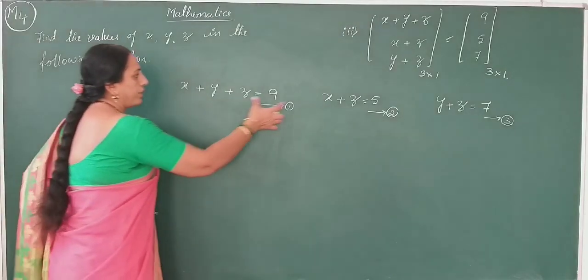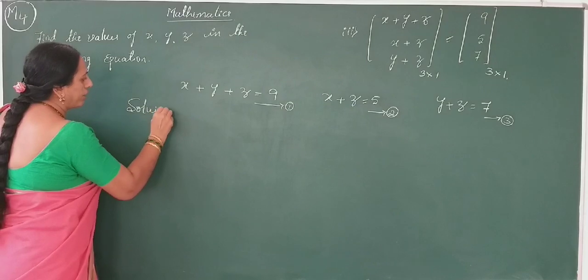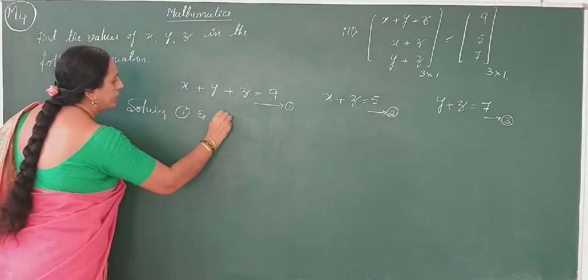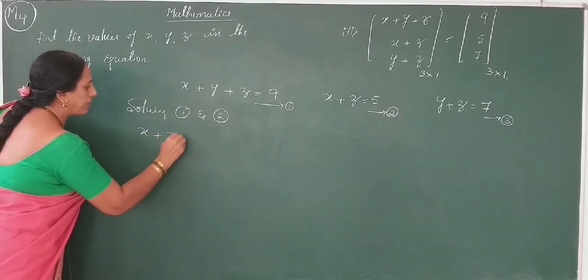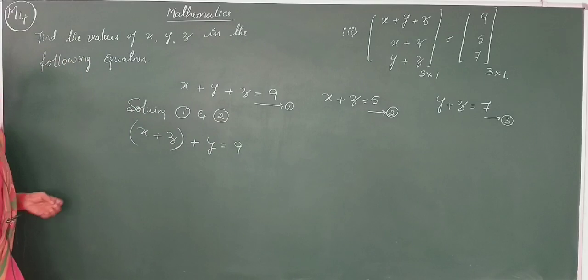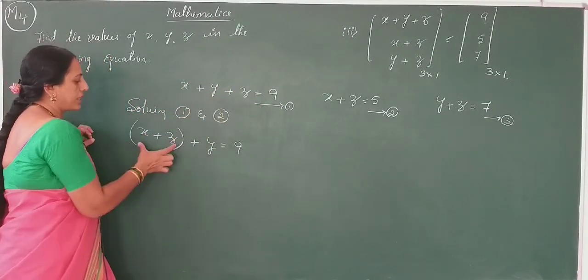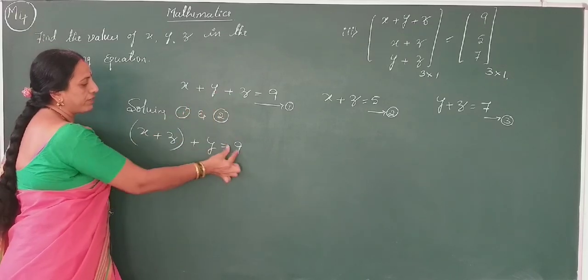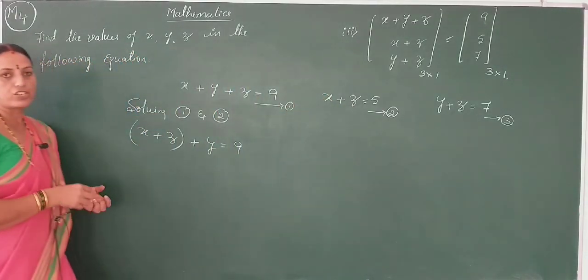Now first, solving equations 1 and 2. Equation 1 can also be written as x plus z plus y is equal to 9. x plus y plus z is equal to 9. x plus z can be taken as one group, plus y will be separated, because x plus z is represented in equation 2.